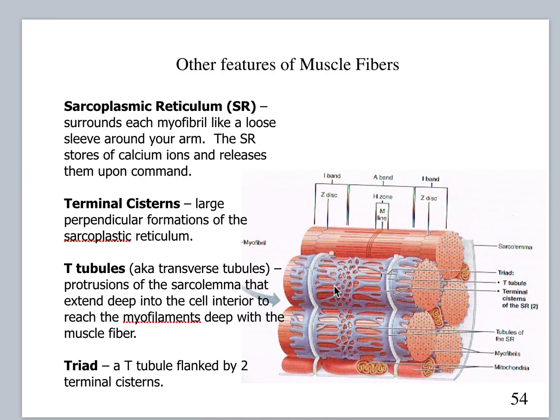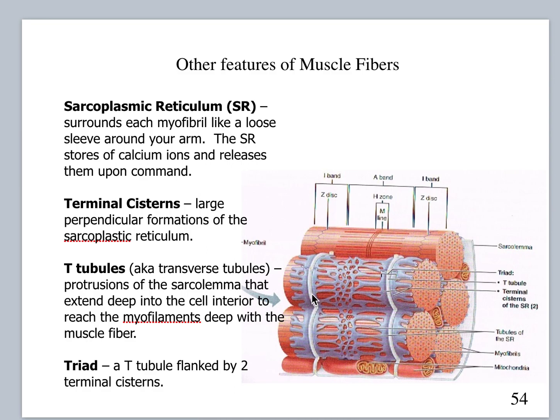The sarcoplasmic reticulum has an end called a terminal cistern. It's right here, next to a T-tubule. A T-tubule is basically a part of the sarcolemma that dives down into the cell. It's a tube that goes down to the inner portion of the muscle.